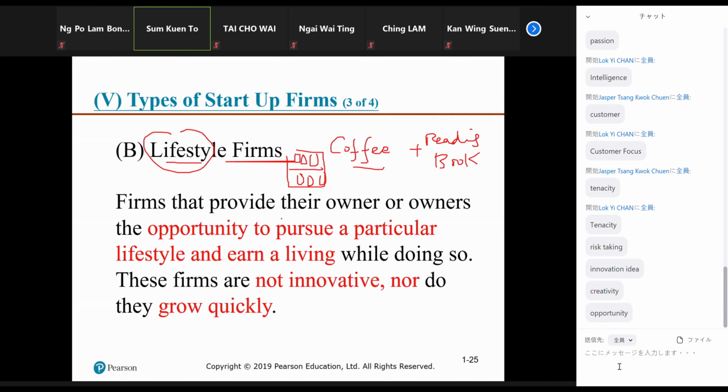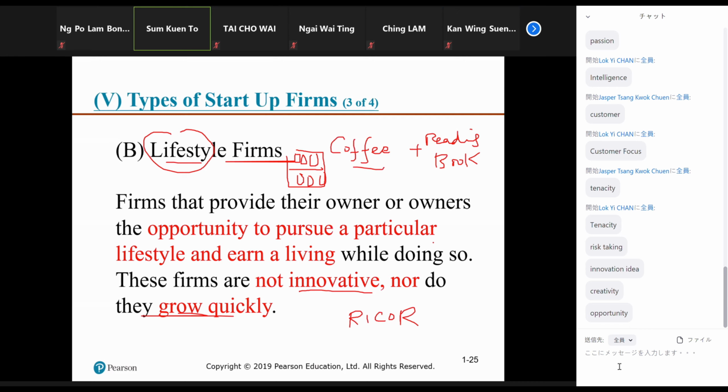And then I put my lifestyle into my so-called job. This is also not innovative. It will not grow quickly because you are happy with what you are now. That's why it doesn't fall into red core. You are not an entrepreneur firm, you are just pursuing your lifestyle, right?